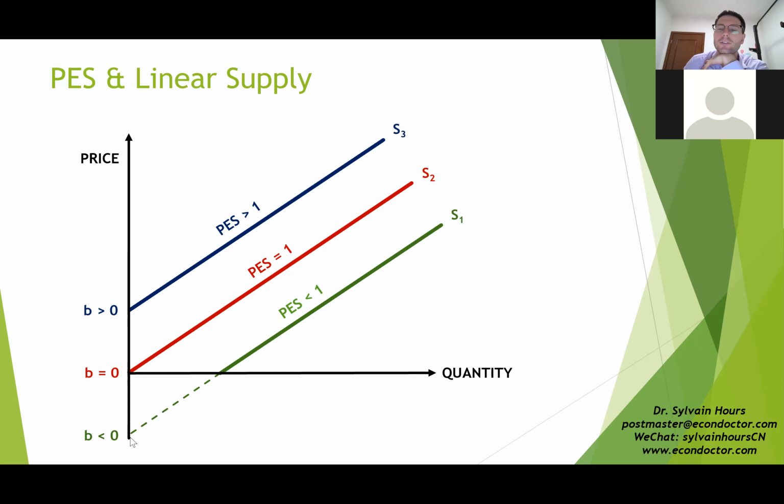Look, it cuts the vertical axis below 0, PES is inelastic, and the value of the elasticity increases, actually tends towards 1. Look, the supply curve goes through the origin. You have a unit elastic supply curve, and actually the PES is constant.